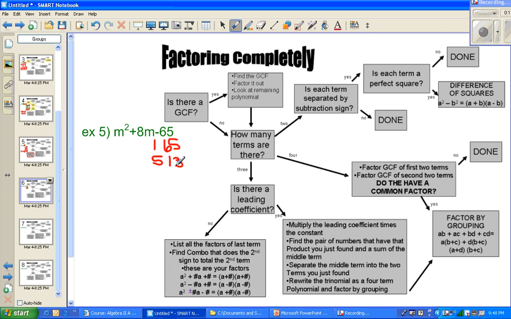6, no, 7, 8, 9, 10, 11, 12, 13, 14, 15, 16, 17, 18, 19, 20. Nothing seems to be working. So let's see if we can find what we need based off what we have. We're looking for two numbers that subtract to give you 8.